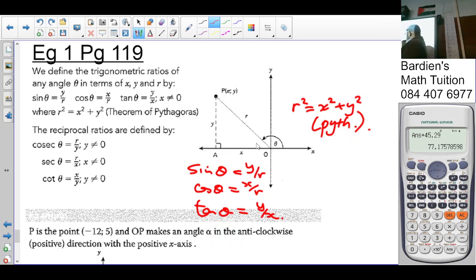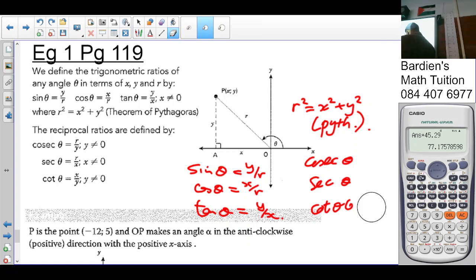Now the reciprocal functions: you've got sine, cos, tan, which correspond with cosec, sec and cot. Means nothing without the angle, huh? Now if tan is y over x, cot is x over y.